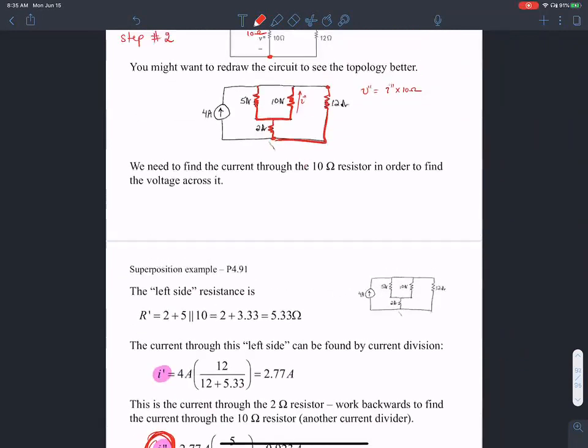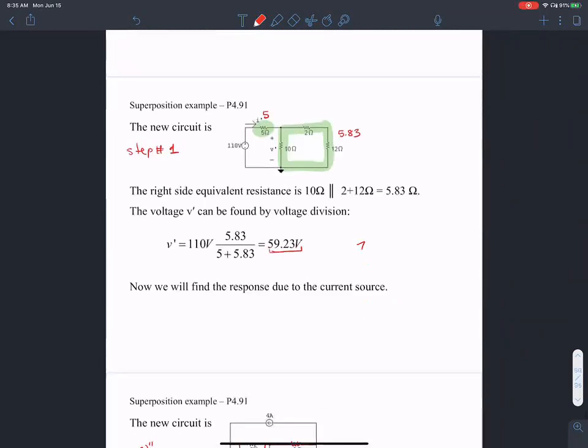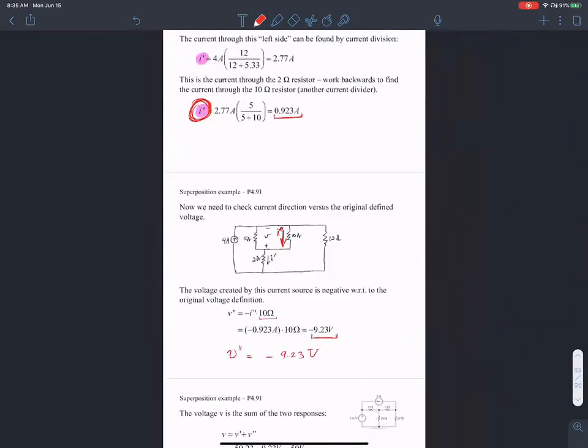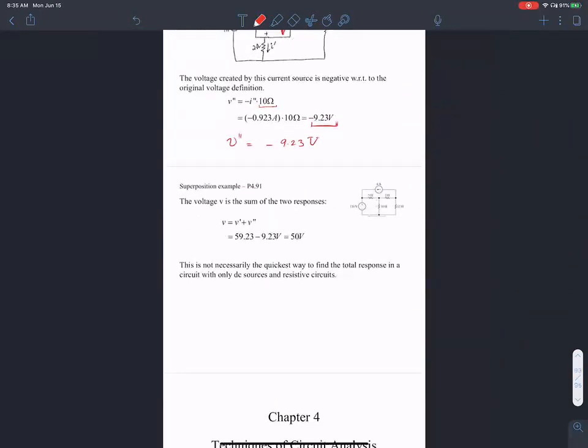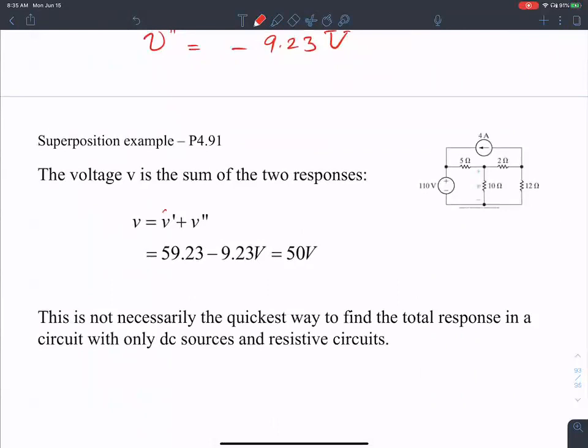Earlier I got a value of V1 or V prime to be 59.23 volts. So in order to find the overall effect V, all we have to do is add V prime and V double prime. Once we do that, we get a value for V from superposition.